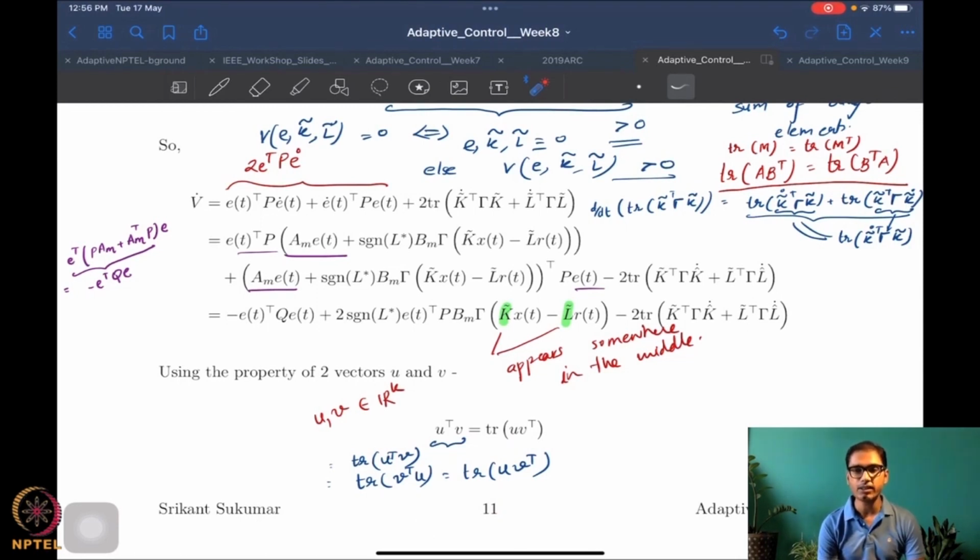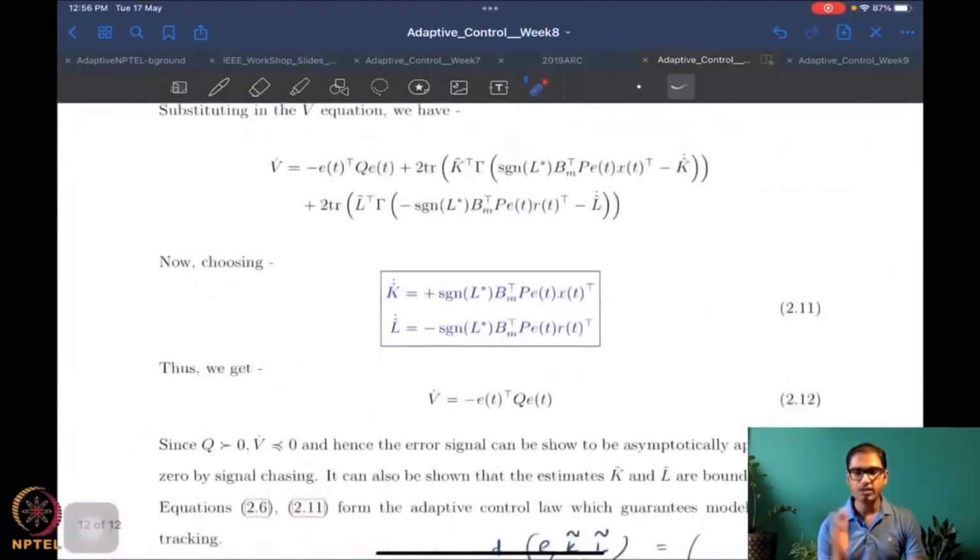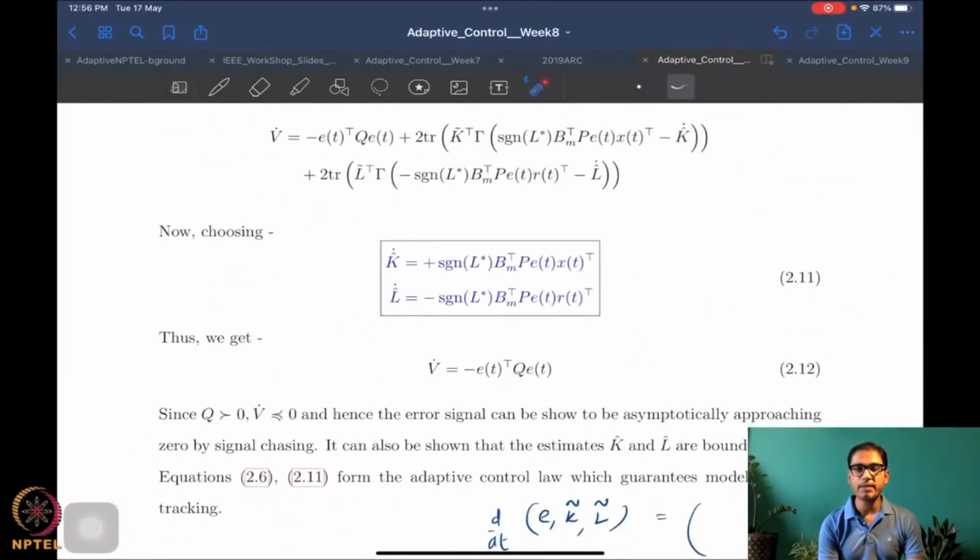If you see trace functions, then it's very useful to manipulate them, and we can use these equalities in order to do that. All right. And of course, then we designed our update law as usual. It was still a certainty equivalence adaptation, so all was as usual other than these particular features.